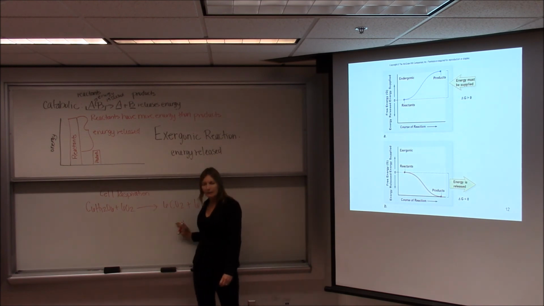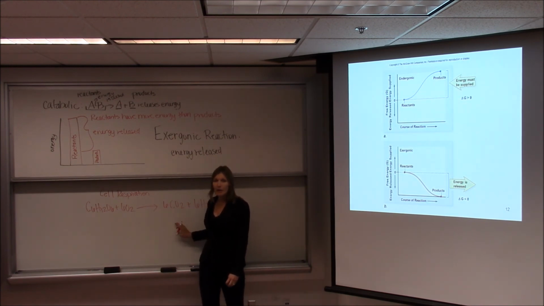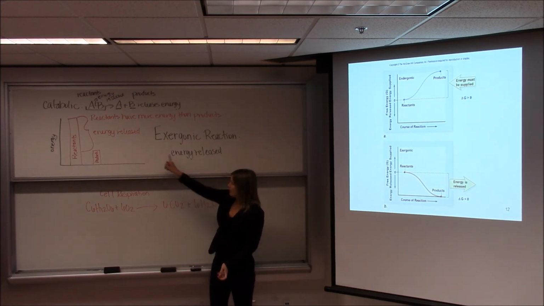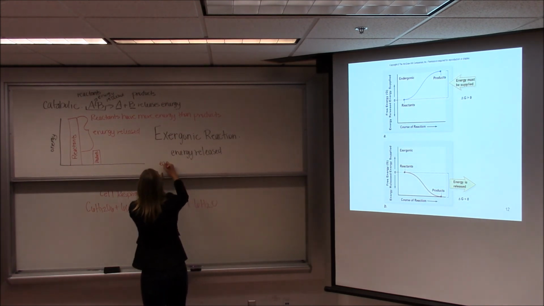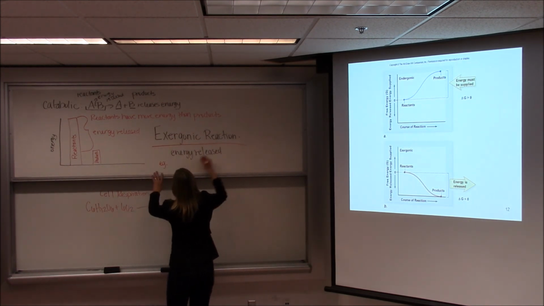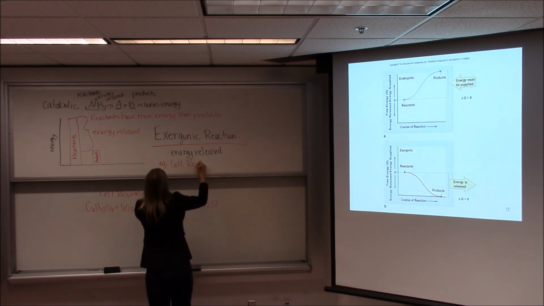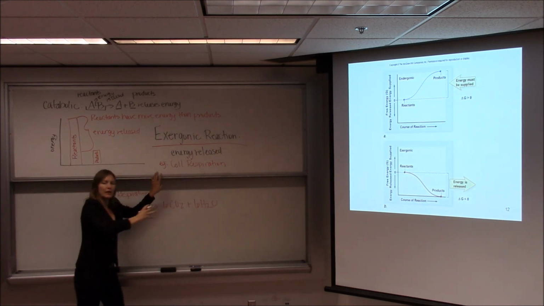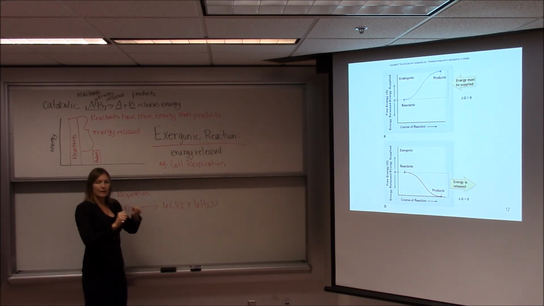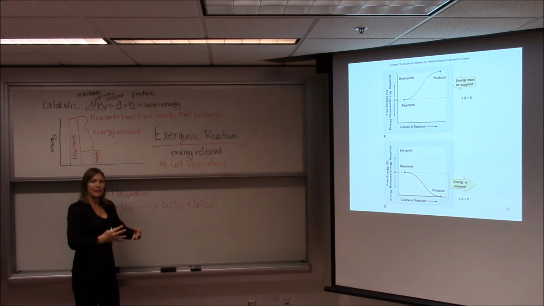Breaking things down. Catabolic. Releasing energy. That would be this scenario. So a good example of a catabolic exergonic reaction is going to be cell respiration. Cell respiration is an exergonic energy releasing reaction. Remember, that's the whole point of cell respiration. Break the bonds of our food molecules, release that energy, and package it as ATP.